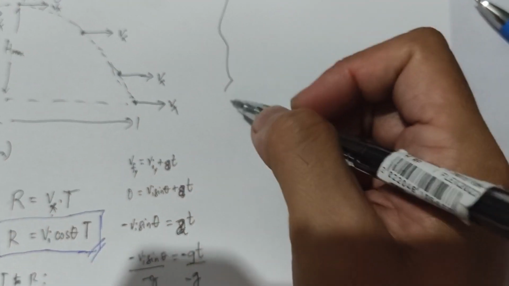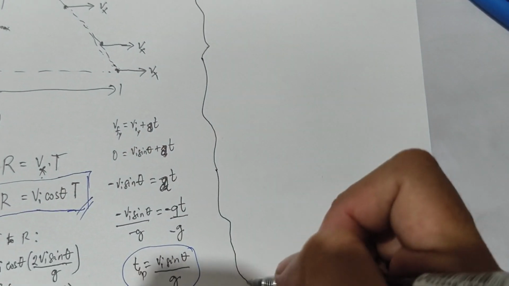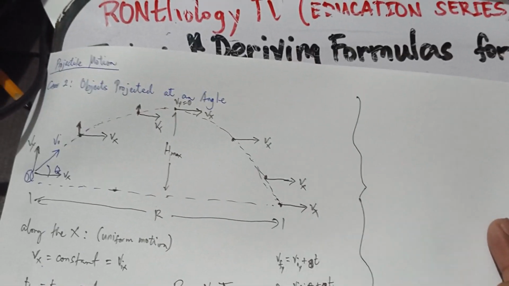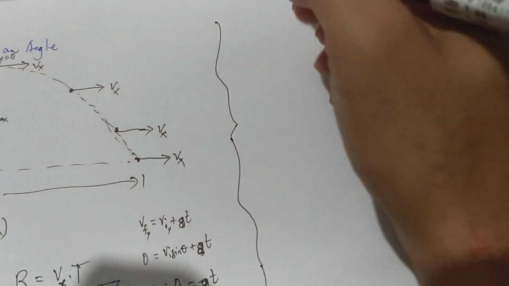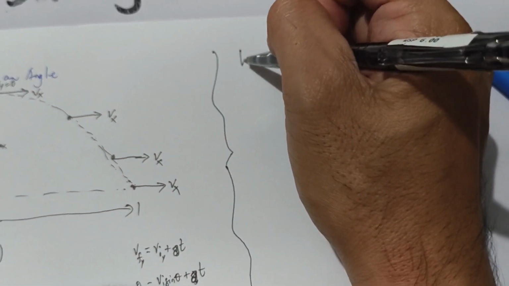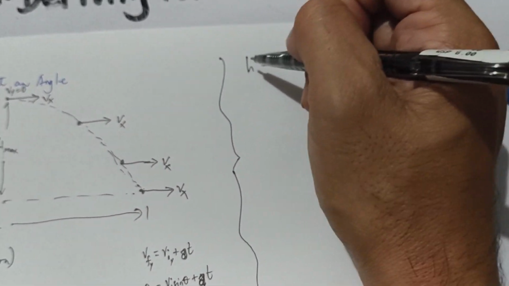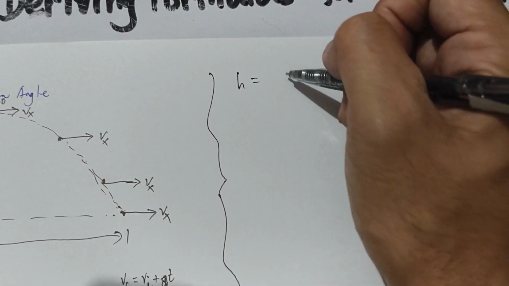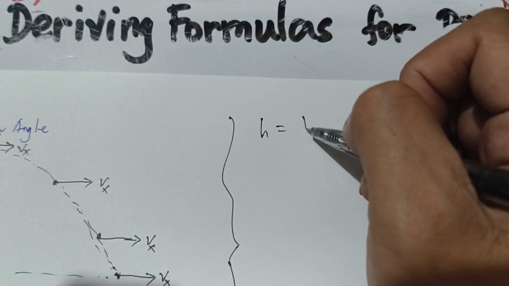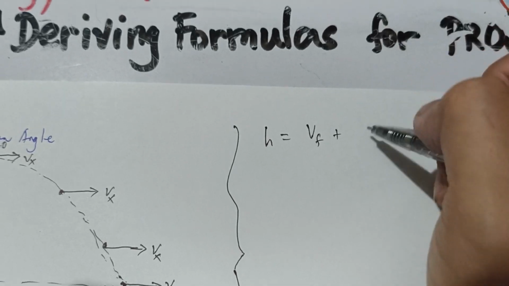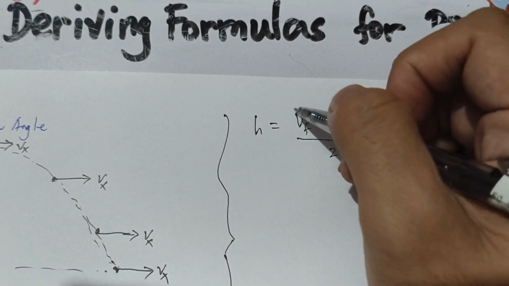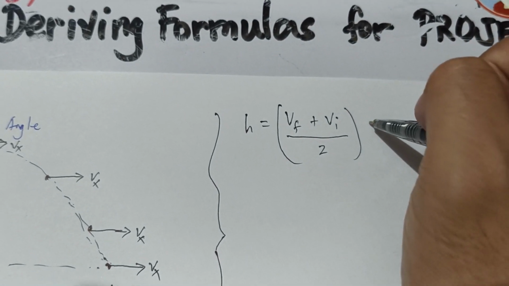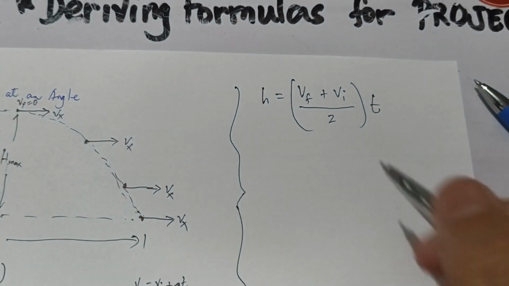In order to solve or to derive the equation for the maximum height attained by the object, let's consider the kinematic equation H or dy is equal to V final plus V initial over 2 times the time, smaller t. Alright?